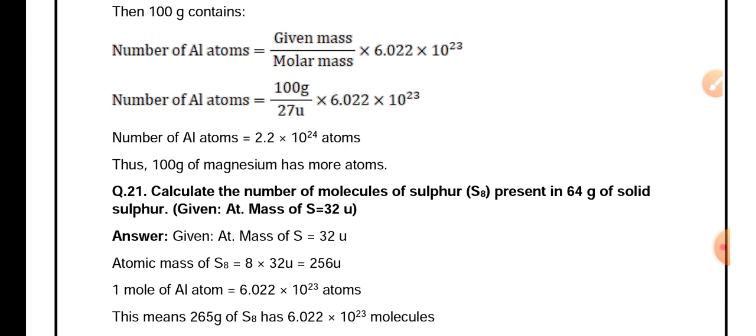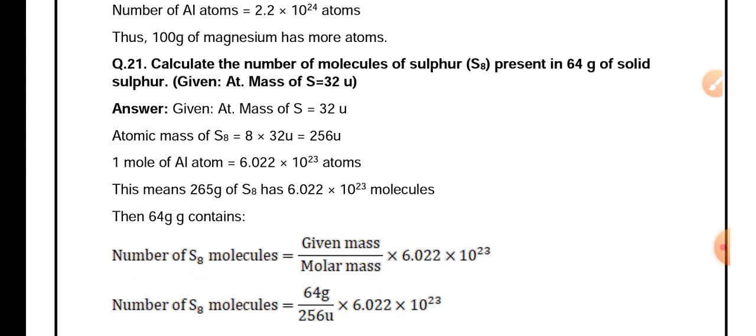This means 256 grams of sulfur has 6.022 into 10 to the power of 23 molecules.